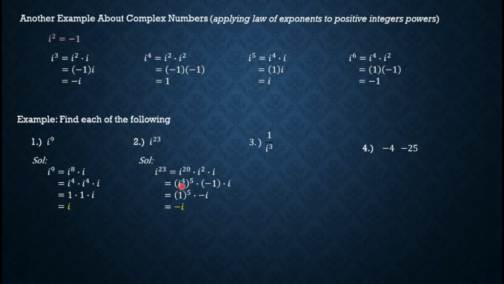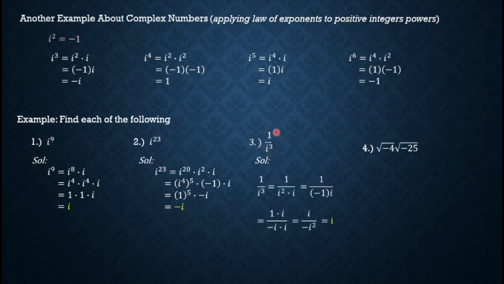Take note that i to the power 4 is 1, so automatically i to the power 20 is 1. And i squared is negative 1. So the remaining is negative i. Therefore i to the 23 is equal to negative i.